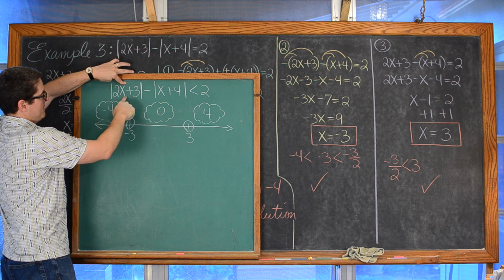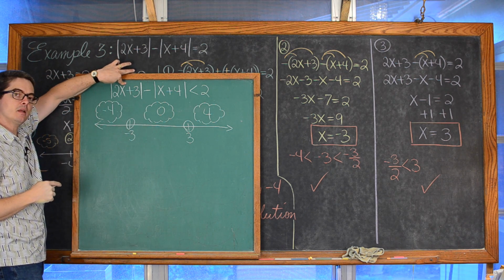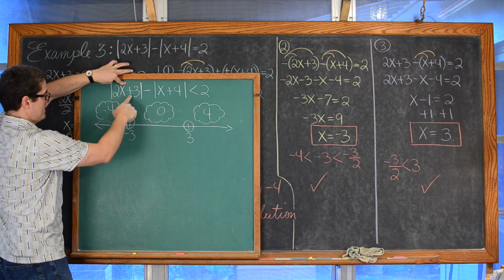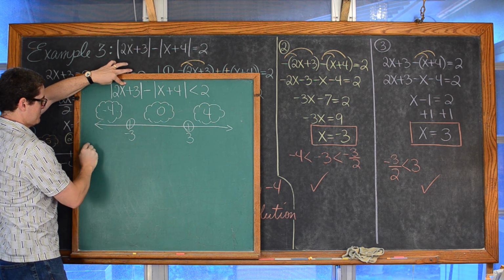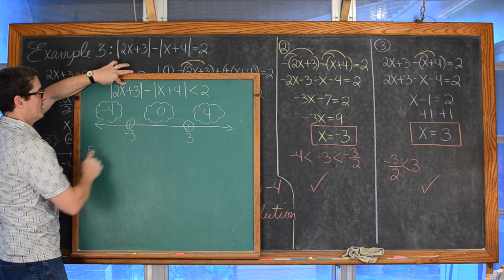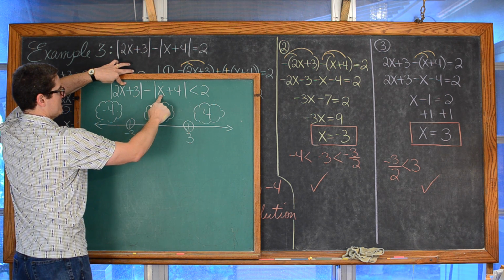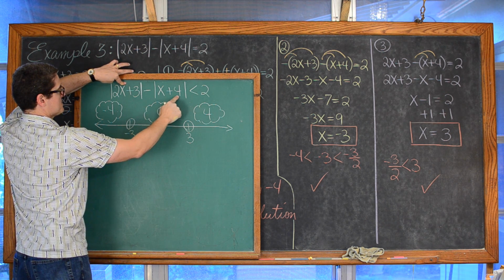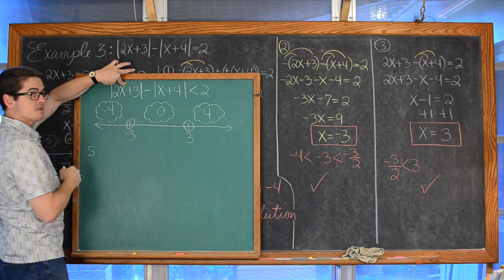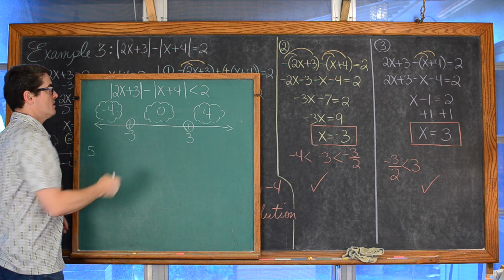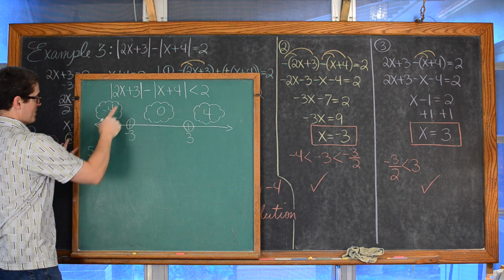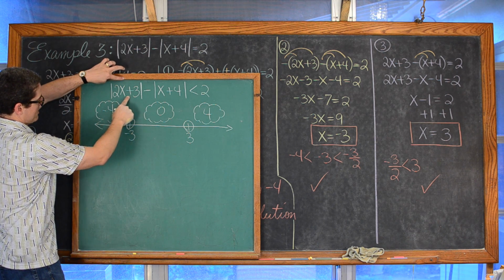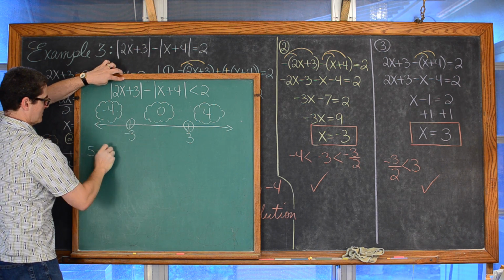And negative 8 plus 3 is a negative 5. And the absolute value of negative 5 is positive 5. And again, if I plug in negative 4 into this absolute value, negative 4 plus 4 is 0. The absolute value of 0 is 0, so we have minus 0. So we have 5 from this absolute value function minus 0.